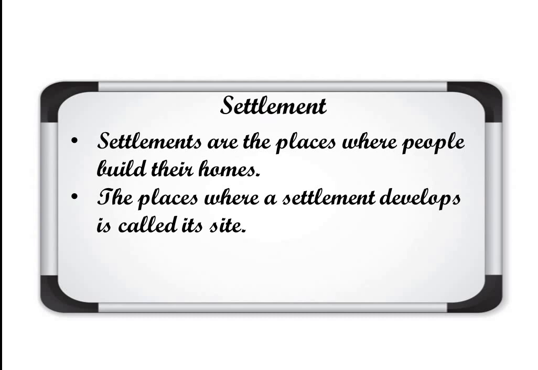Now, a settlement's development depends on some conditions that people select before building their settlement at a particular place. Which are those conditions? First of all, they must think about the availability of water, because that is really important for their daily need.